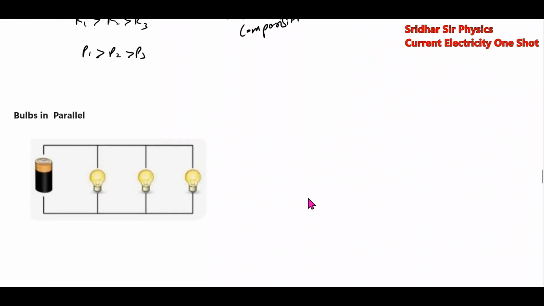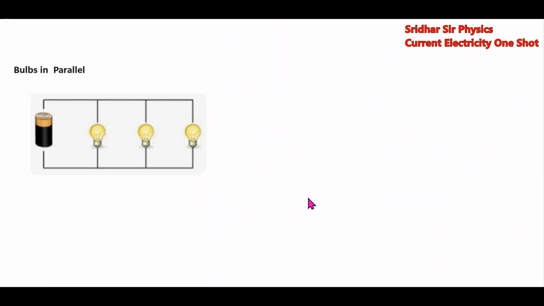Similarly, bulbs in parallel. Let the resistance of the bulbs be R1, R2, and R3. We have applied the potential V. All are having the same potential. Then whatever the power dissipated, now we'll put a condition R1 greater than R2 greater than R3. The resistance of this bulb is greater than this, then this.